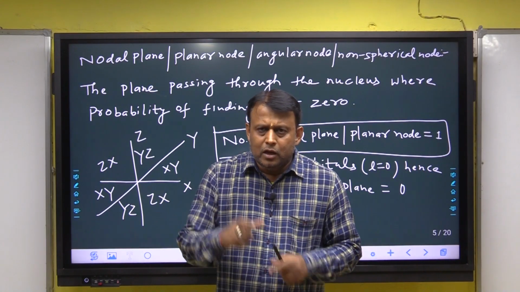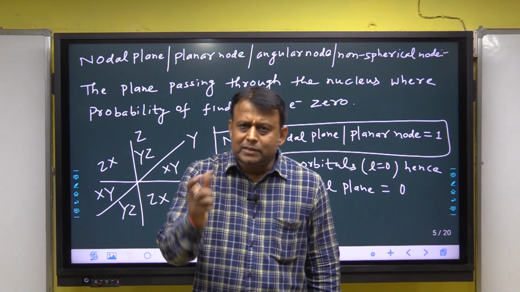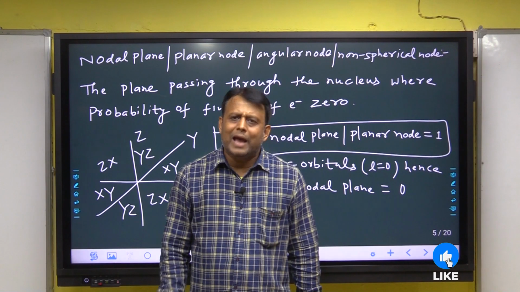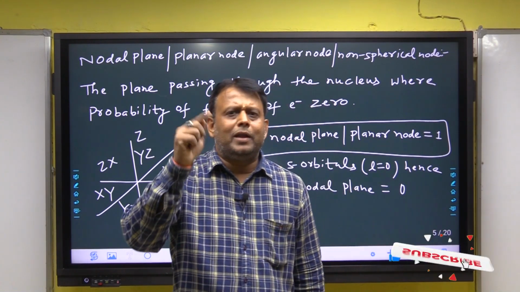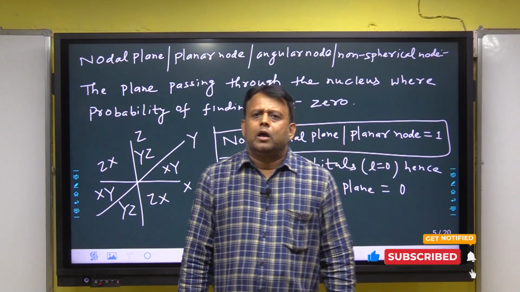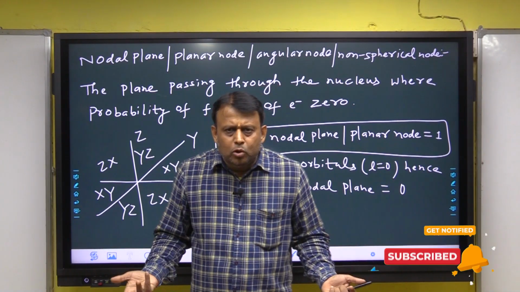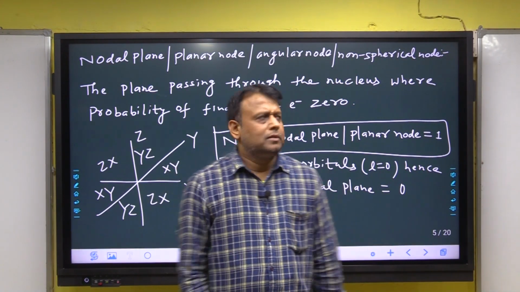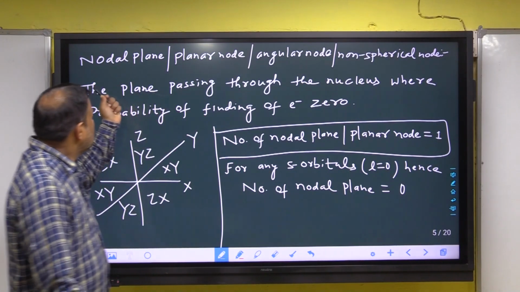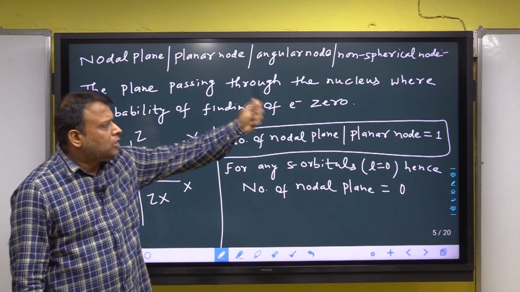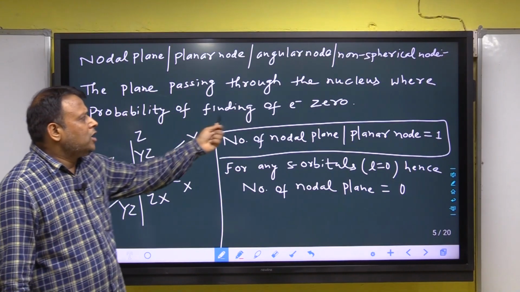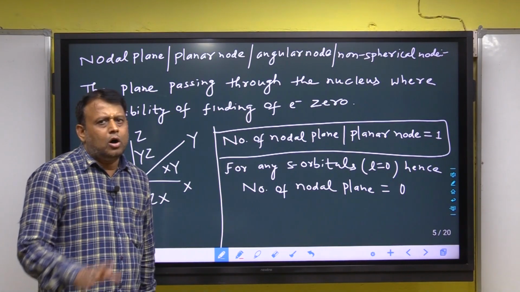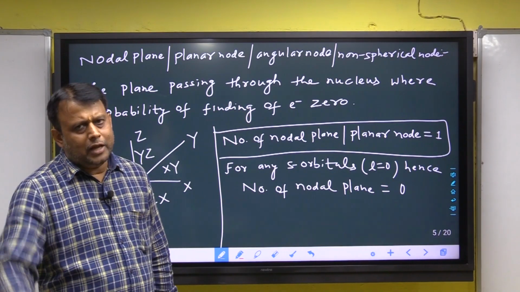I am repeating, the plane passing through the nucleus of an atom where the probability of finding an electron is 0, called planar node or nodal plane.